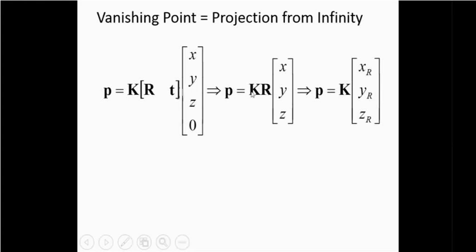And so doing the math out, I can multiply my rotation by the XYZ point, and then the point at which I observe it is just projected from this rotated point by the intrinsic matrix.